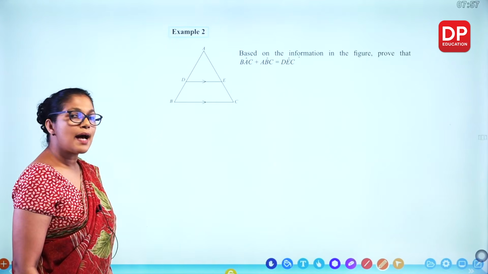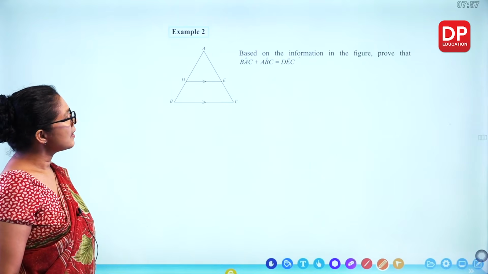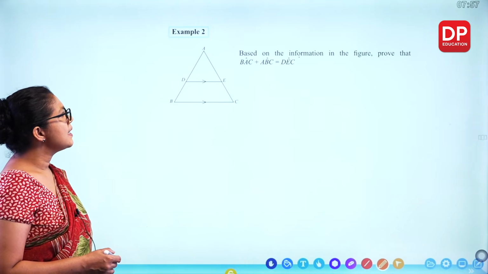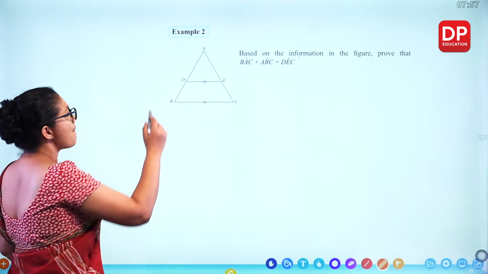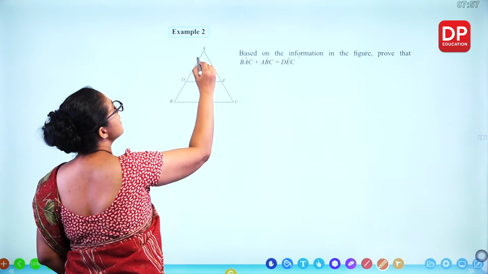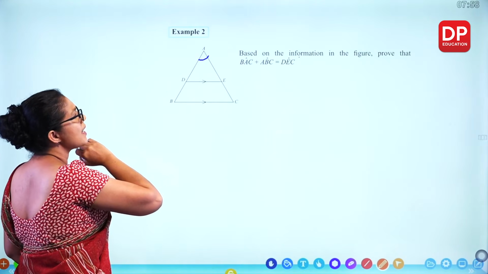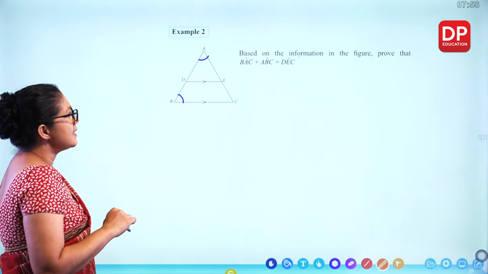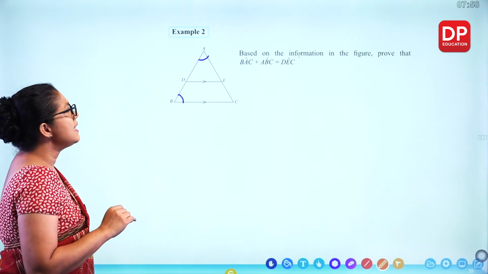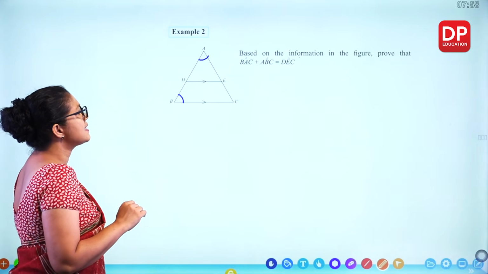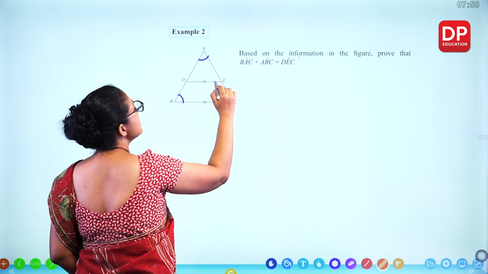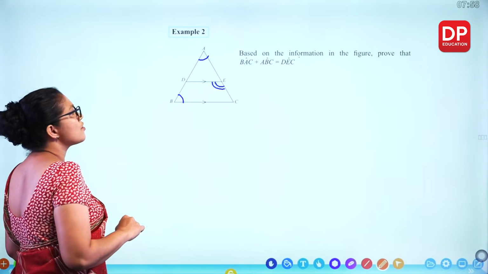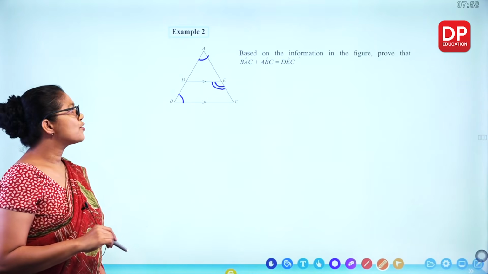Now, we'll look at example number 2. It says, based on the information in the figure, prove that angle BAC plus ABC is equal to DEC. DEC is this angle. So the sum of those two angles add up to this one.